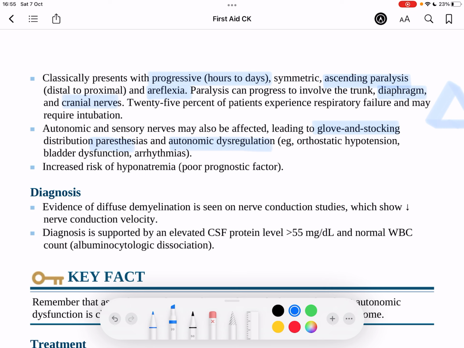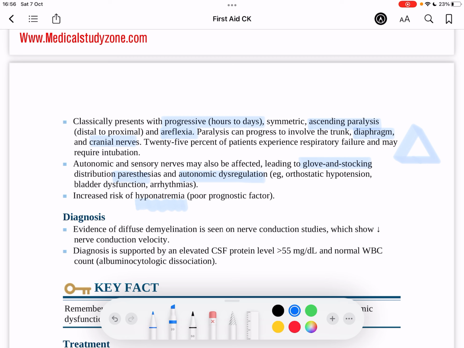Such autonomic dysregulation can be orthostatic hypotension, bladder dysfunction, arrhythmias, etc. And there is also a risk of hyponatremia. Just to go over a few of those concepts. So usually, let's paint a picture. A patient, recent GI infection, maybe had bloody diarrhea.